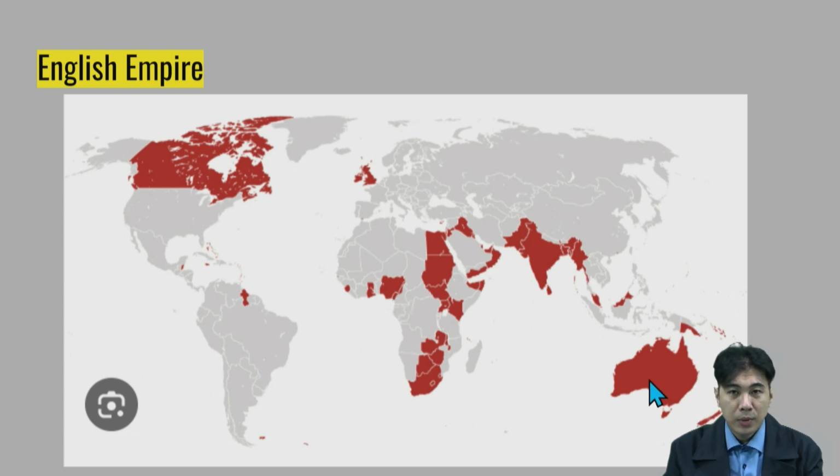Over here, where I am, is New Zealand. Australia, this is Papua New Guinea. That movie Pirates of the Caribbean, remember, is over here in the Caribbean. This, I believe, is Guyana, right? Yeah, and they speak English there too.